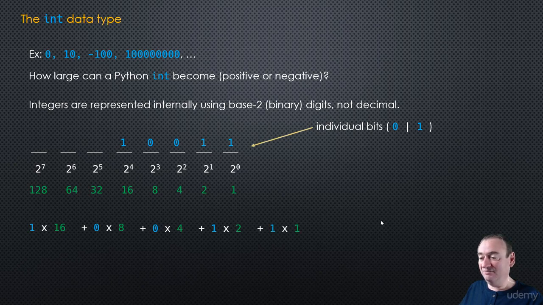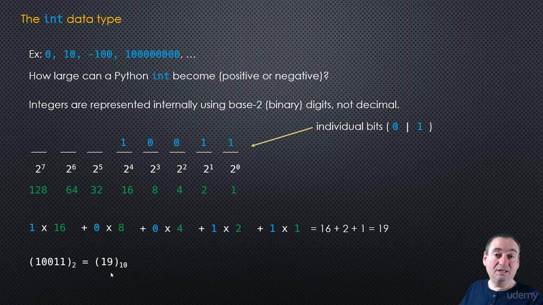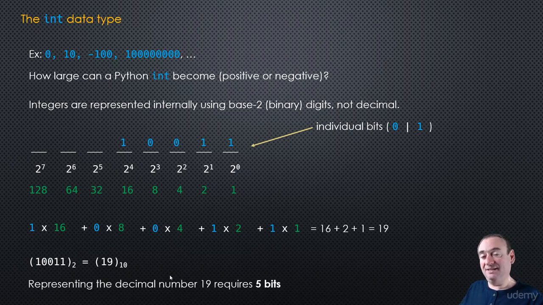And when we add all that up, we get 19. In other words, 10011 base 2 is equal to 19 base 10. So representing that decimal number 19 required 5 bits. We needed 5 bits in order to store and represent 19 in binary, in base 2.